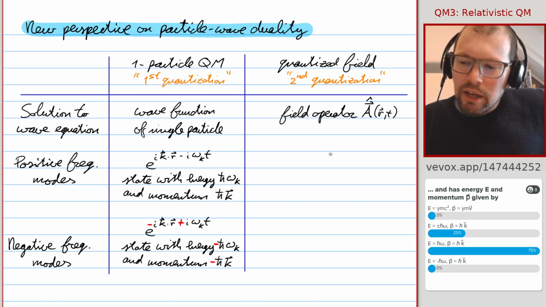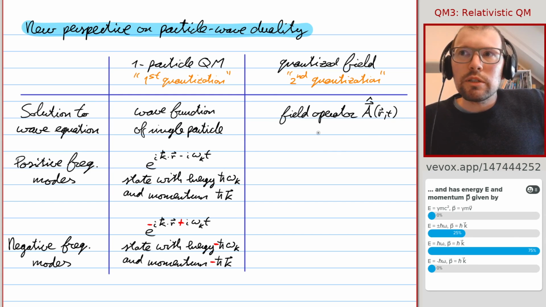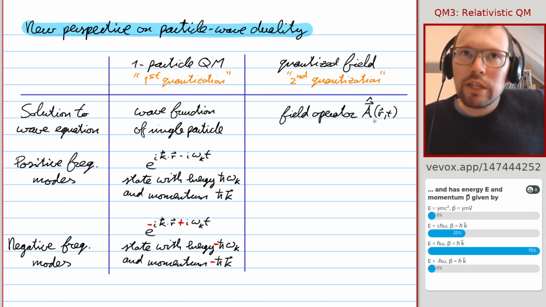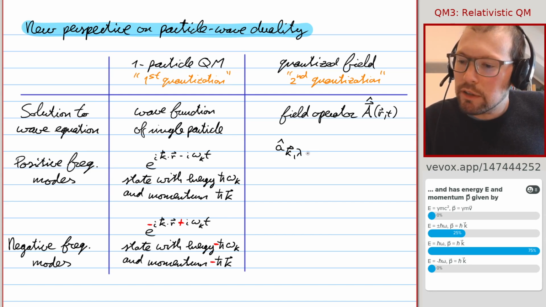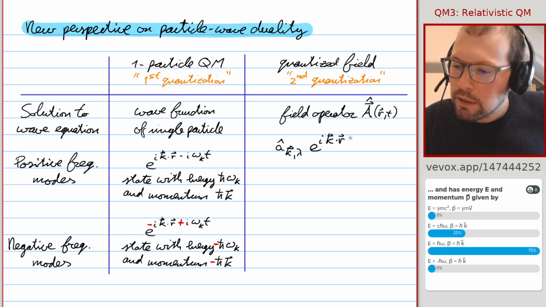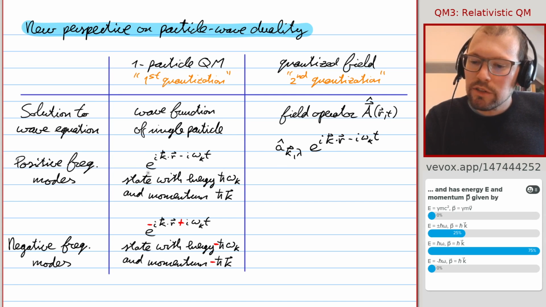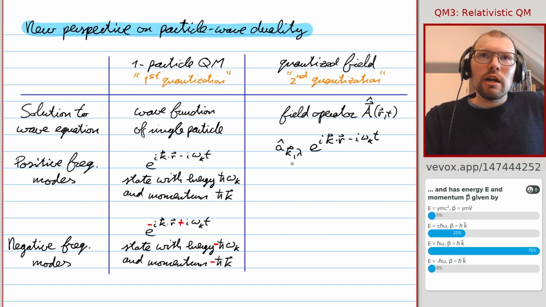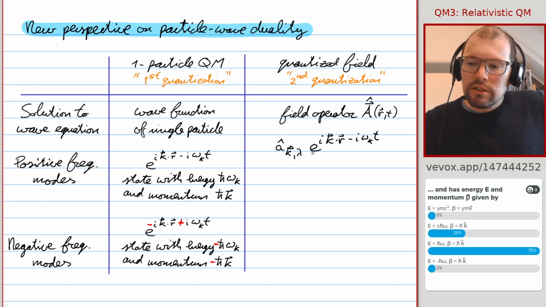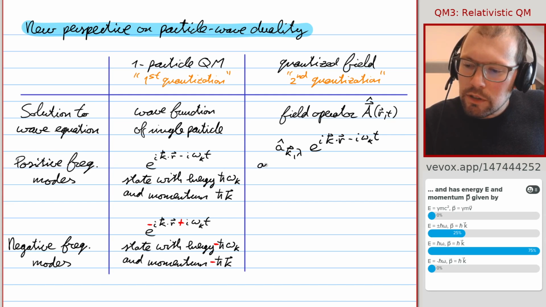So we still have waves in the field operator picture, because in the expansion of this operator we had this a_{k,lambda} operator, which was accompanied by the same phase as these plane wave solutions in Klein-Gordon. But we've just learned how we should interpret this operator. What does it do?